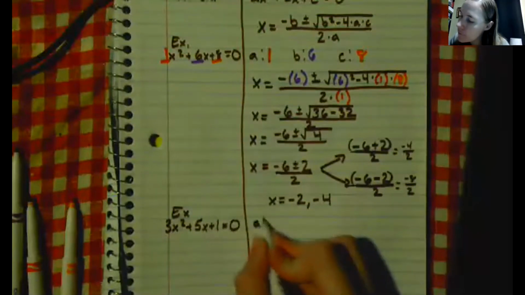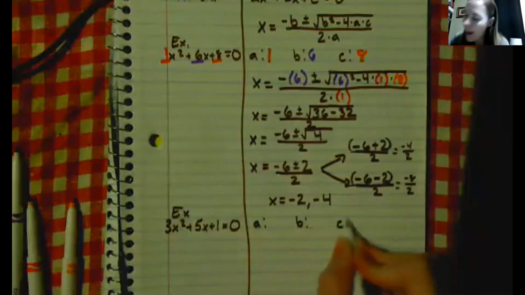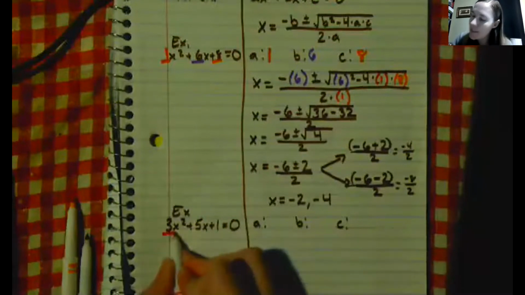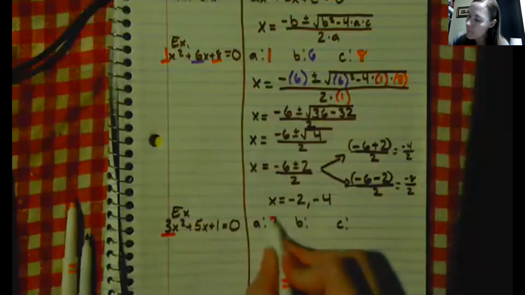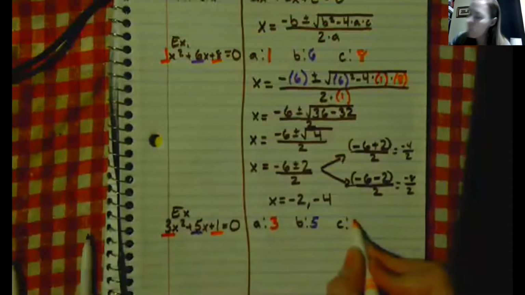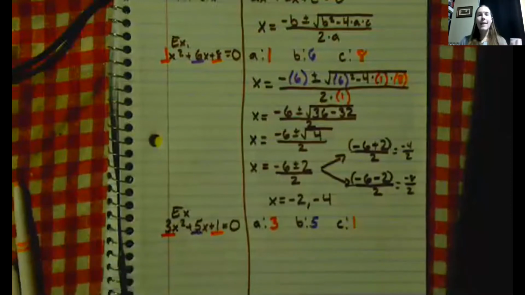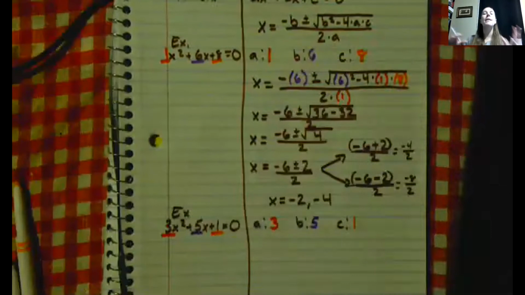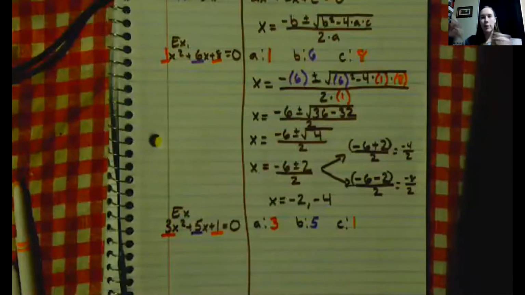So again, remember your first step is to identify your A, your B, and your C. In this case, my A is 3, my B is 5, and my C is 1. My next step, now I want to plug it into this formula. The formula never changes. So once you identify this and plug it in, it's a lot of calculator work, a lot of plug and chug.